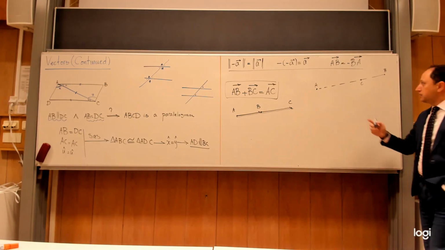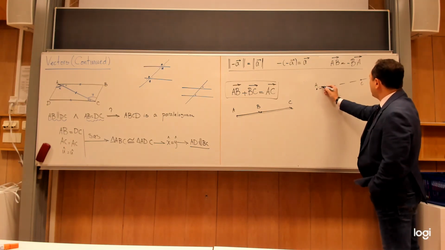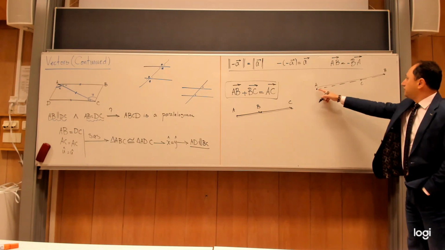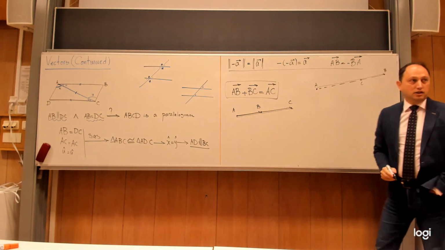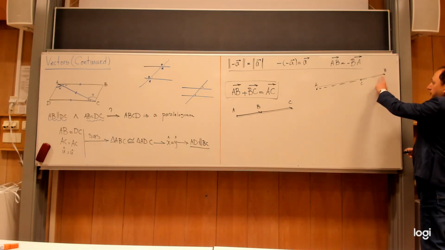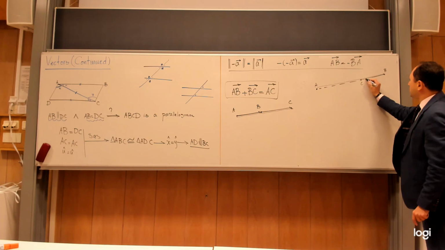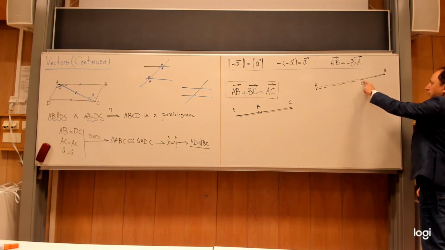It's true, yes, because AB is this vector. Let me try to convince you by drawing it a little bit here. So this is your vector AB. And now what is your vector BC? Vector BC starts from here and goes to here. So that would be vector BC, yes? And that is also a good configuration because I started exactly from the end point.